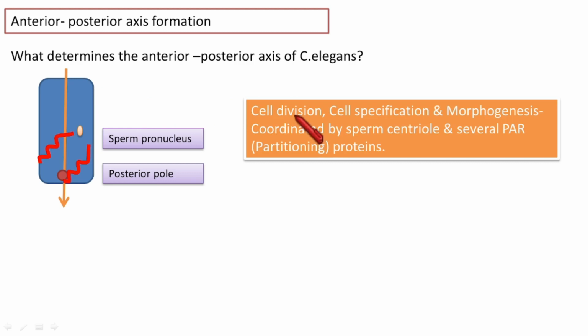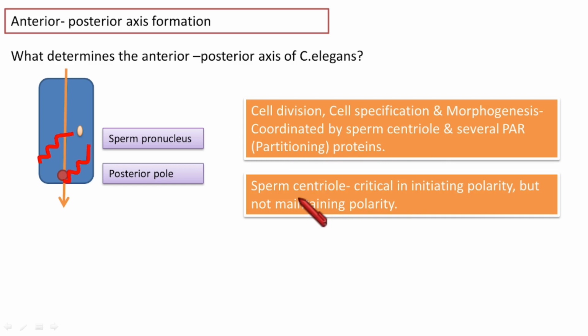So cell division, cell specification, meaning the cell is specified to become a particular type. That's cell specification. And morphogenesis, all these are coordinated by the sperm centriole and several proteins. Proteins means partitioning proteins. They determine those processes.